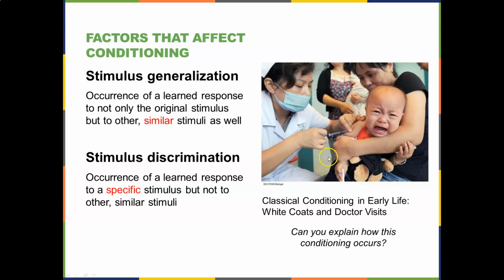The baby will eventually start to generalize whenever it sees somebody in a white coat, saying, oh, that means I'm going to get hurt again. I'm going to get the needle in my arm again.